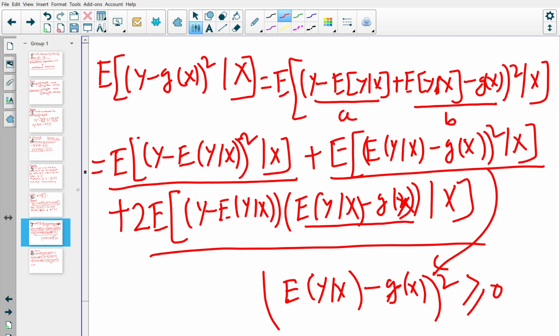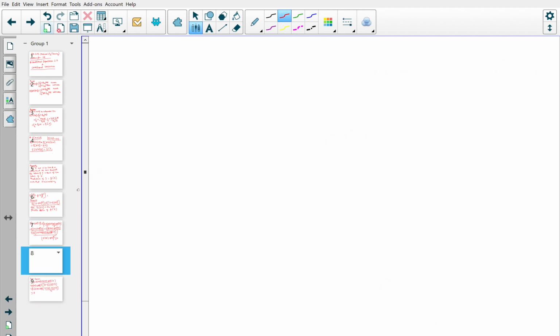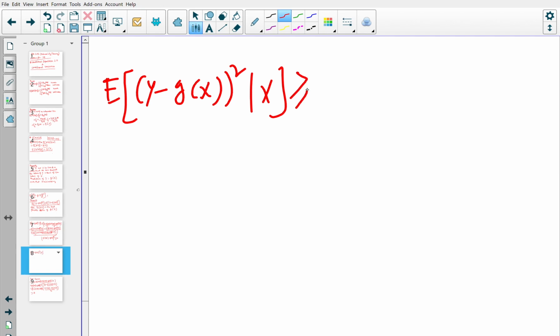Using these two formulas, we find that the expectation of the initial quantity we started with, given x, is always greater than or equal to the first term.